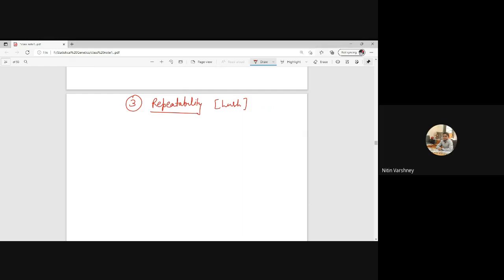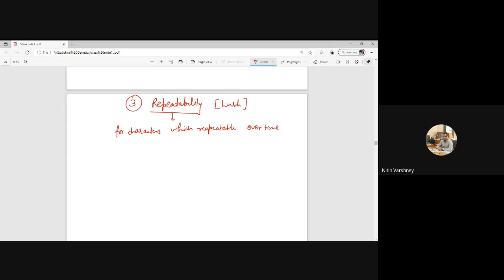Okay, now we will see what repeatability is. Repeatability is just for those characters which are repeatable over time.